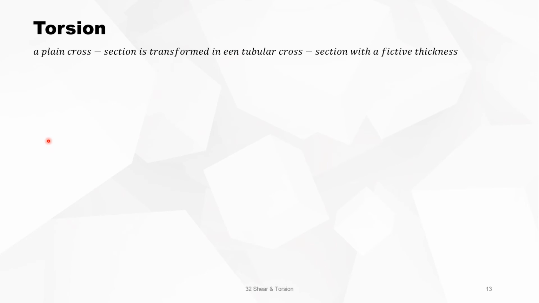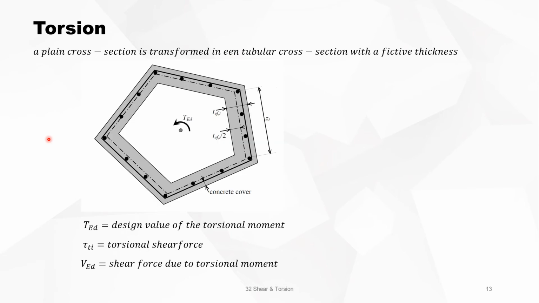A plane cross-section is transformed into a tubular cross-section with a fictive thickness. We've seen the formulas for tubular cross-section, and now we can transform a plane cross-section into a tubular one with a fictive thickness. Let's suppose T is the design value of the torsional moment, and tau is the torsional shear force, and VEd is the shear force due to torsional moment.